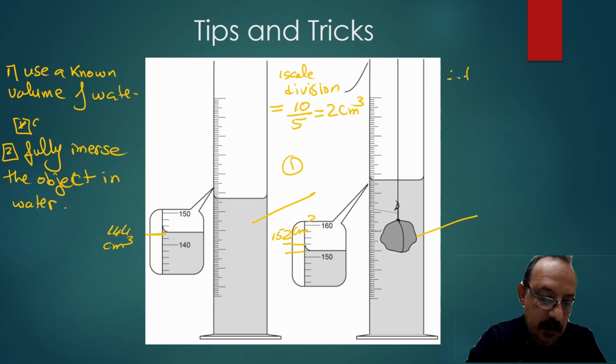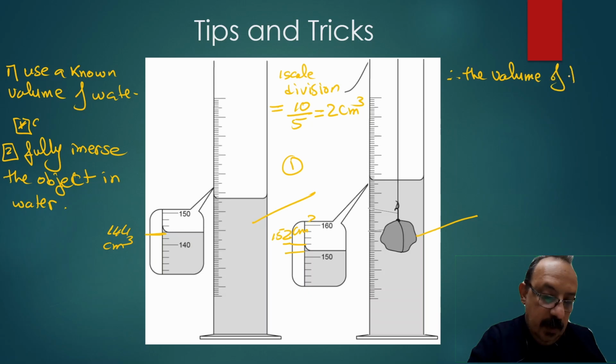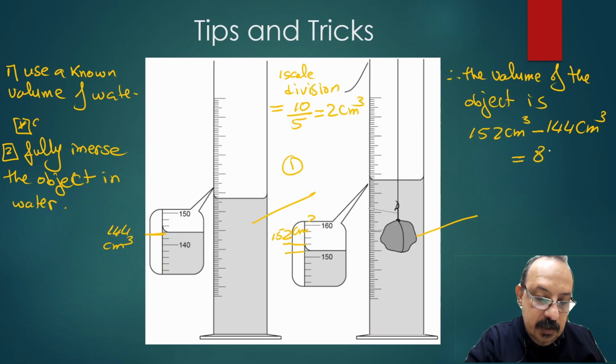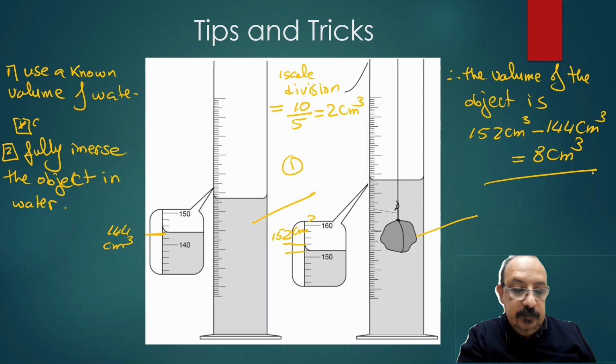Therefore, the volume of the object is 152 centimeter cube minus 144 centimeter cube, which is equal to 8 centimeter cube. So this is how we find the volume of an irregular shape using a measuring cylinder and water.